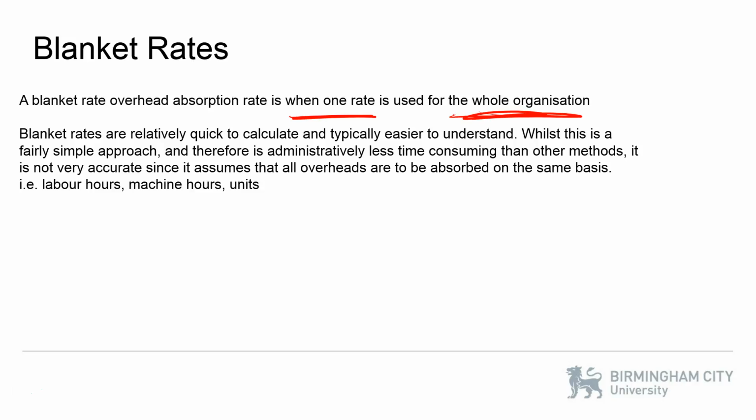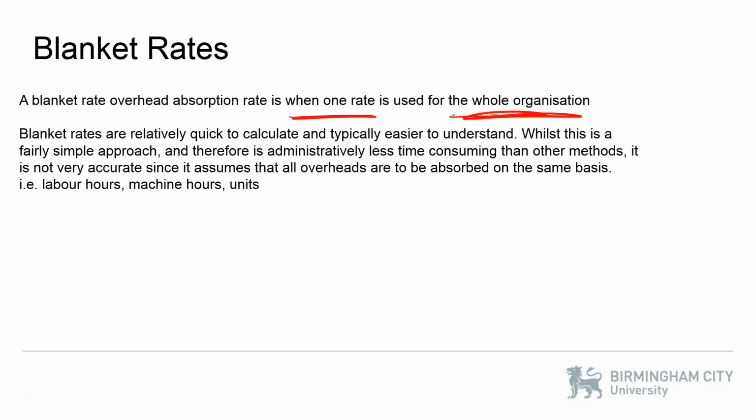Now this is quick and easy to calculate and understand, but in reality it's not particularly accurate, because most businesses produce more than one product, and the products might be produced in different ways. Some of them could be produced by hand using a lot of labour hours.